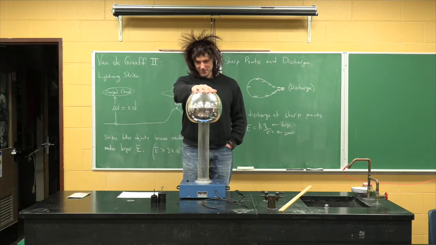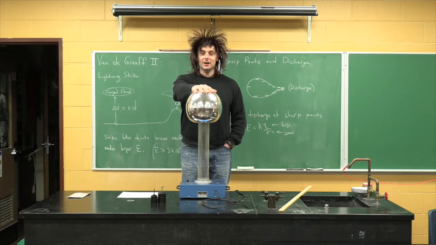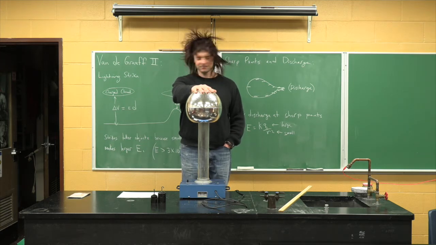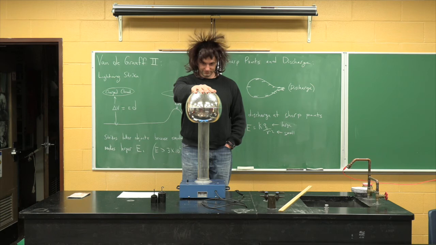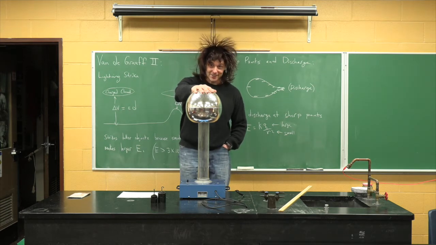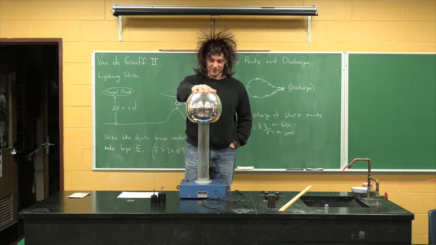And again, the hair is hopefully aligning with the electric field lines. So my head is now a nice spherical conductor demonstrating electric field. All right, I don't know if it'll go anymore, but hopefully you see a nice little display of my hair.